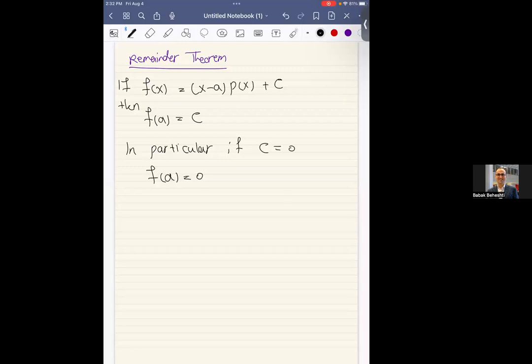Let me give you some simple example. For instance, if f of x is x minus 1 times x plus 1, is it clear that f of 1 is 0? Okay, I got it. Because if x is equal to a, then a minus a is 0. Exactly. So we got c.